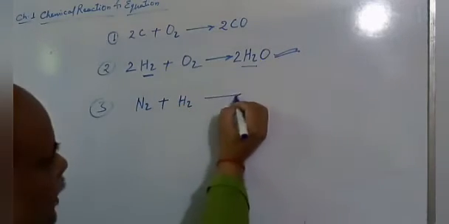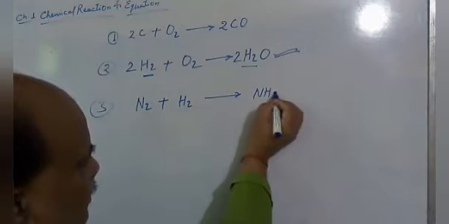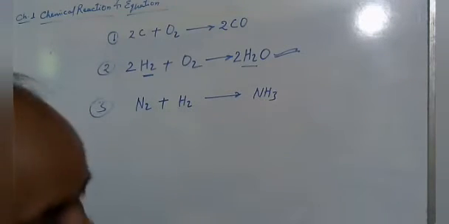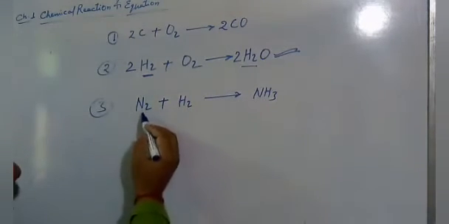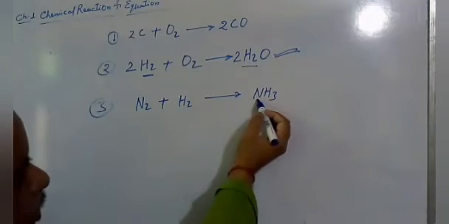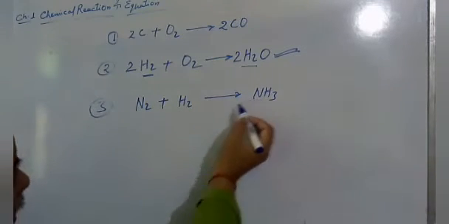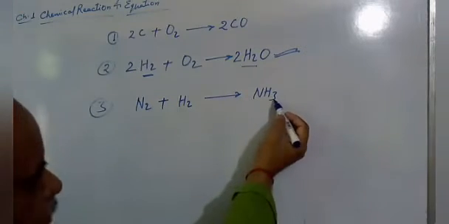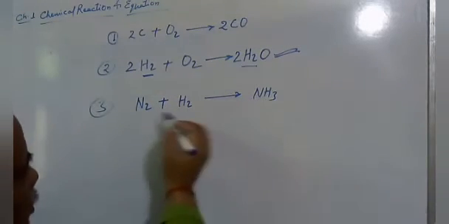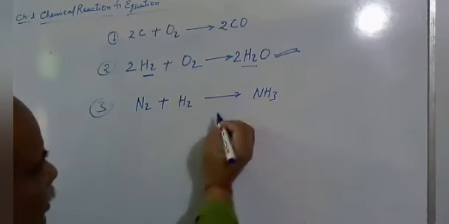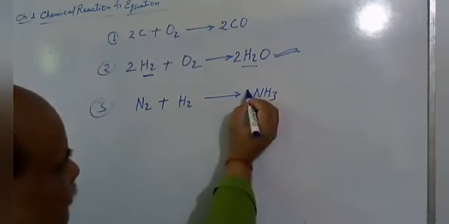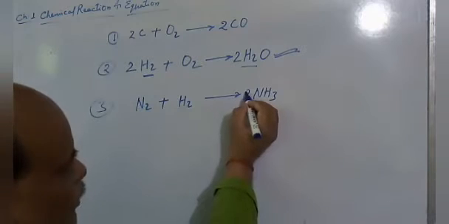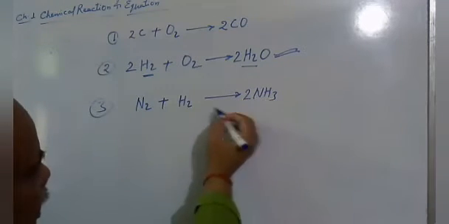Third example, N2, nitrogen, reacts with hydrogen to form ammonia, NH3. This is also an unbalanced equation because there are 2 atoms of nitrogen on the reactant side, only 1 atom of nitrogen on the product side, 2 atoms of hydrogen on the reactant side, and 3 atoms of hydrogen on the product side. So we balance the nitrogen atoms by multiplying coefficient 2 before ammonia.